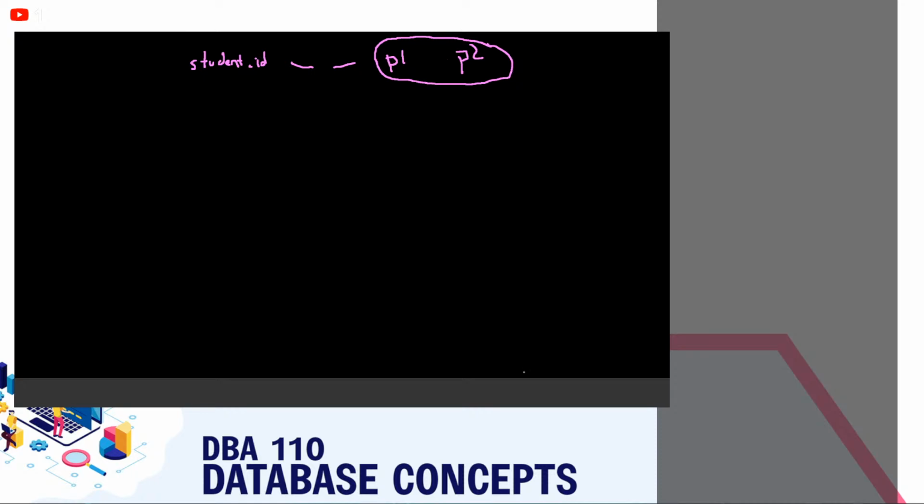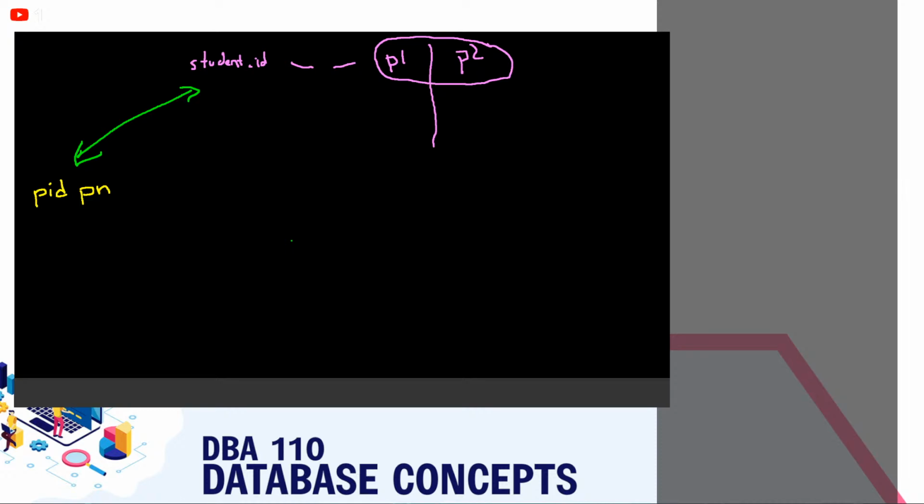This is the kind of thing that would be better to move to a parent table where I just put parent name, maybe a parent ID, and then I can have a third table that relates these two tables together and shows the relationships between the parents and the students, right?